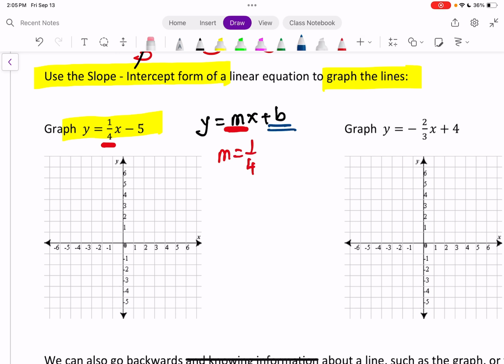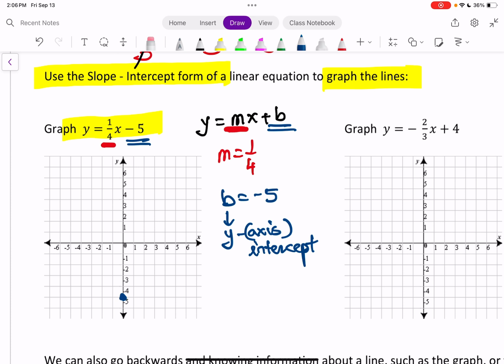The b is -5. Now, this b value was the y-axis intercept, which, as I said, we start by calling just the y-intercept. So that means I already know that my line's going to cross through the y-axis at -5. So I already have 1 point on this line.